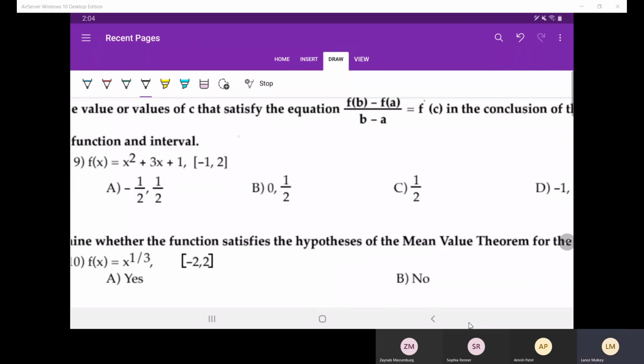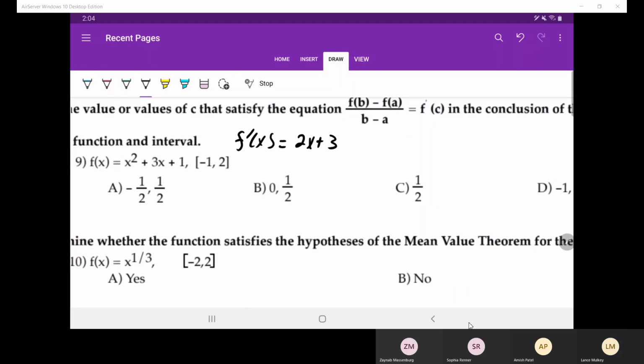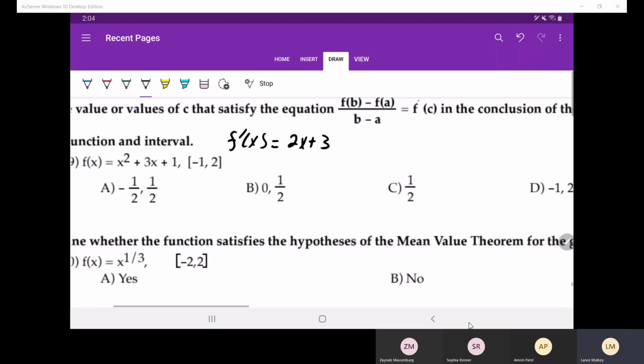Correct. Take the derivative first. All right. Now what should we do? Yeah, plug in the endpoints.